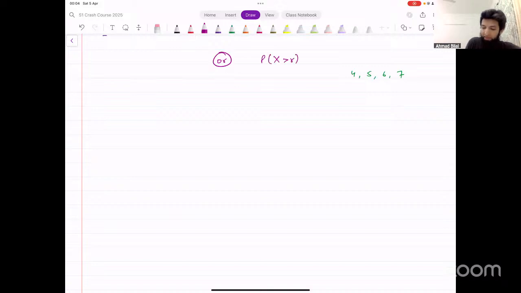Probability of x greater than r in a geometric distribution is given by q raised to power r. We're talking about first success. How could we use this formula to make it a bit more efficient? Any idea? Could we make it more efficient using this formula somehow?